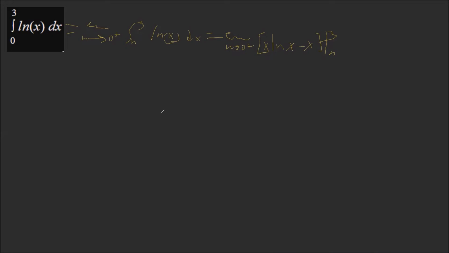But anyways, we're going to finally solve our limit over here. So we're going to equate this to the limit as n approaches 0 from the right of 3 natural log 3, because we can finally begin filling in our bounds. 3 natural log 3 minus 3 minus n natural log n minus n.